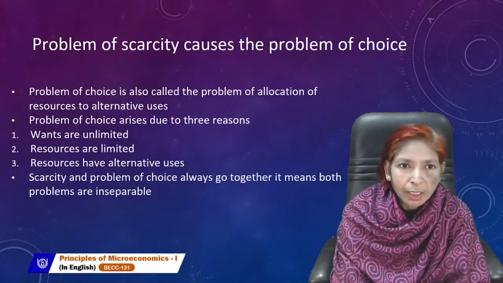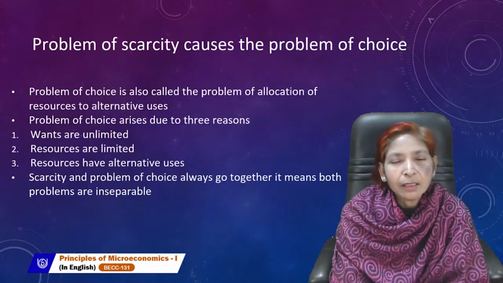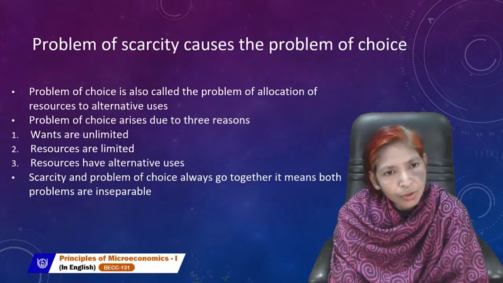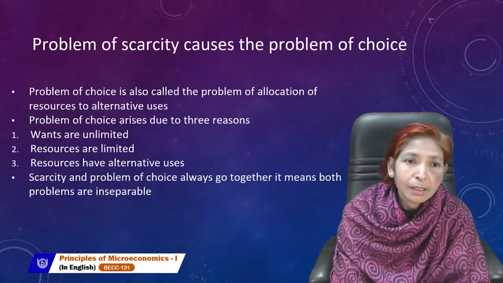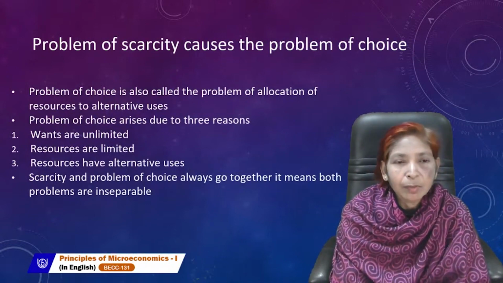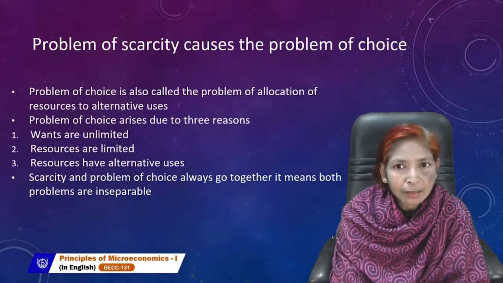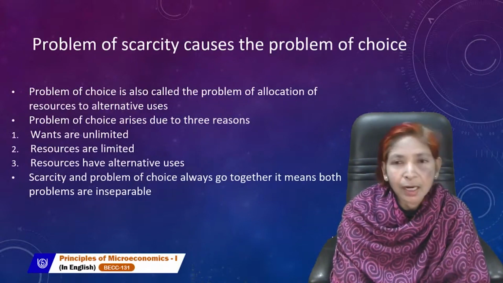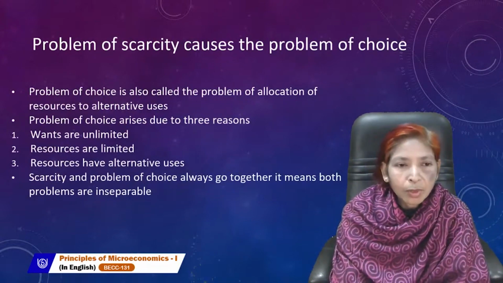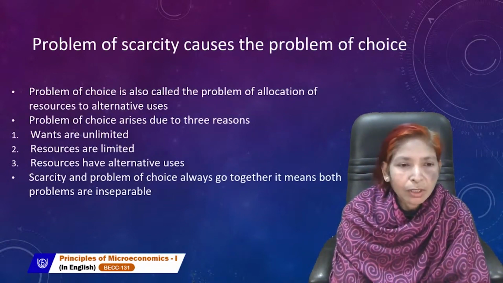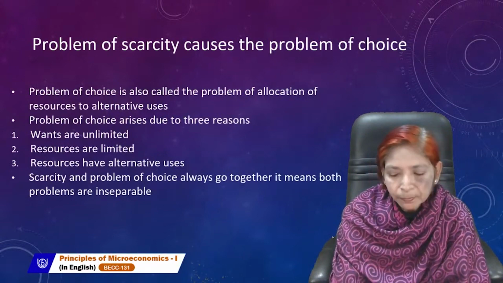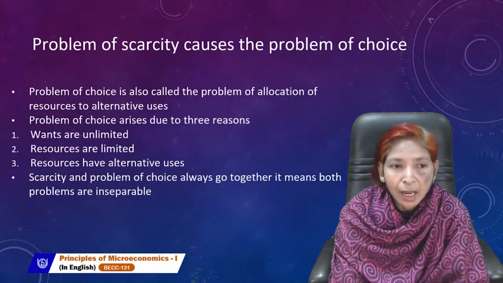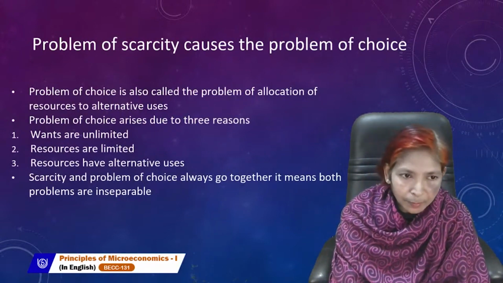If you have abundant resources, you don't have any problem of choice. But if the availability of resources is limited, then you have to make a choice between resources and your wants. The problem of choice is also called the problem of allocation of resources which have alternative uses.